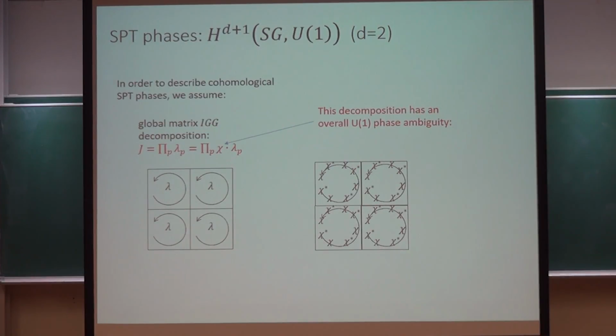But here you can see technically, and I will explain the physical meaning in a moment, that when I try to decompose this J into a product of this lambda, there's a phase ambiguity. The reason is, for example, I can decompose this J in this way, but I can equally redefine this lambda by combining this original plaquette lambda with this phase chi star.